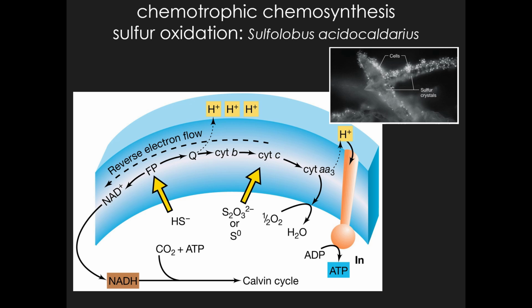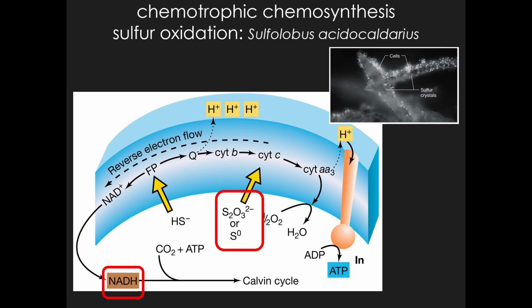So for right now, sulfur oxidation, which is a little more complex than the iron oxidation. Multiple different kinds of sulfur can be oxidized. So we'll just say sulfur is oxidized. The electrons go into the electron transport chain, which causes the translocation of protons across the membrane.